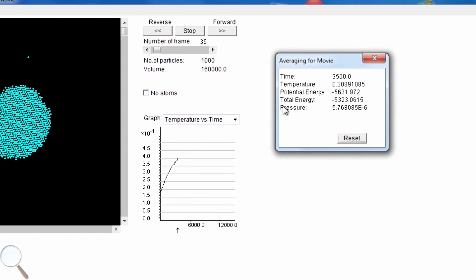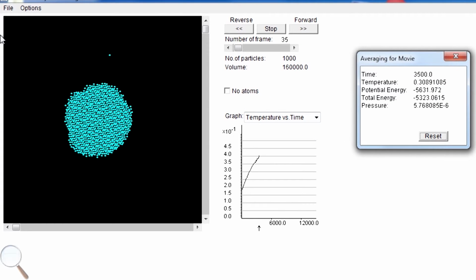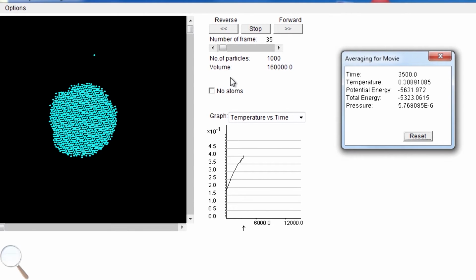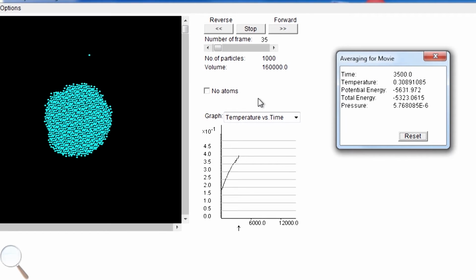We are starting with a potential energy of minus 5631 joules. Time elapsed is 3500, pressure is 5.7 e to the power minus 6, very low pressure right now in the system, and total energy is very low.